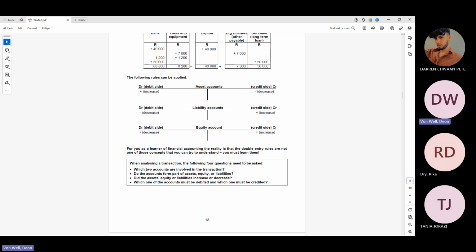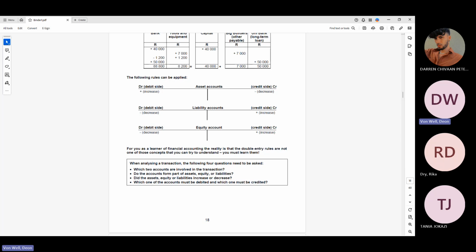What this T account is telling us is that assets will have debit balances. And when we debit an asset, it will increase. So any entry on the debit side of an asset T account means that that asset is increasing.